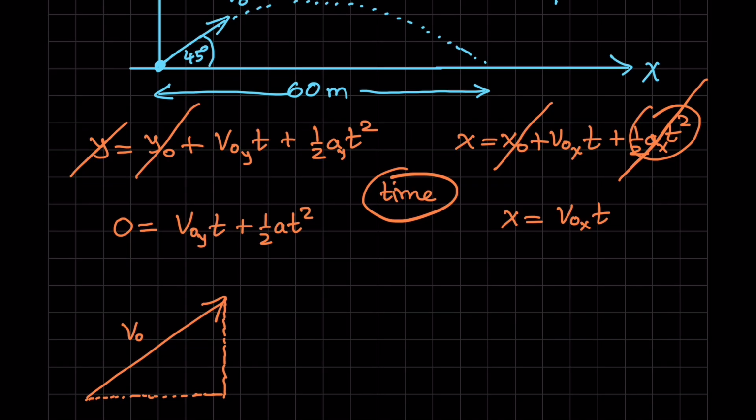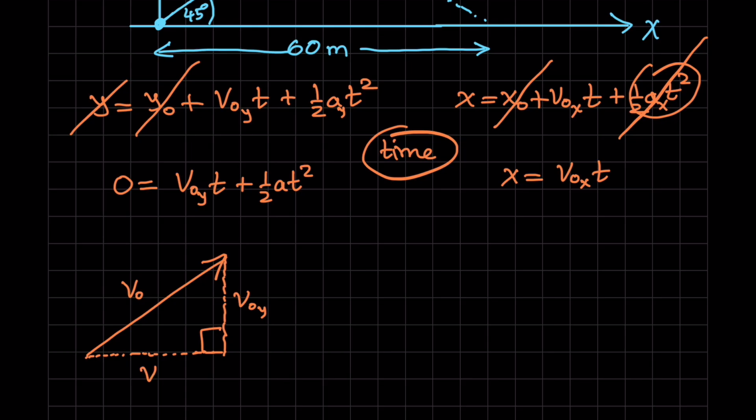So now I have myself a right triangle, and the part of the velocity that's in the y direction, v naught y, is like that, and then v naught x is like that. And we know that this angle is 45 degrees. So now you can use a little trig to figure out what these parts are using SOHCAHTOA.